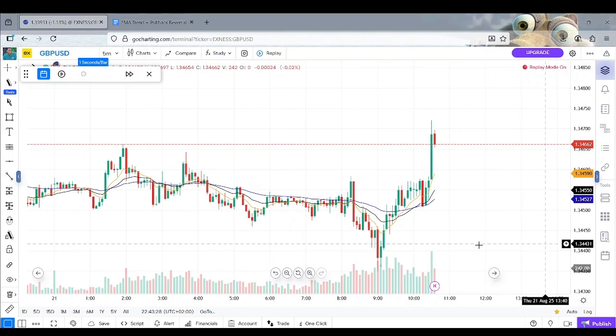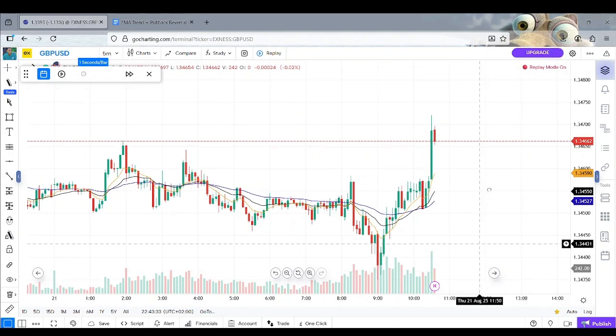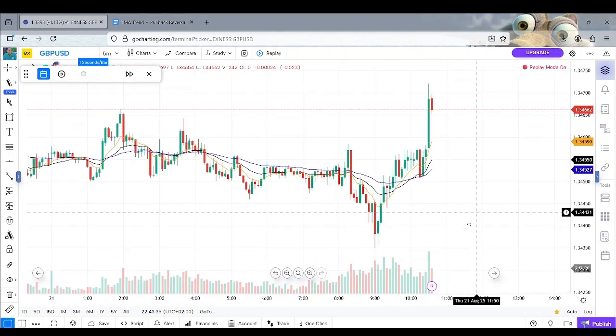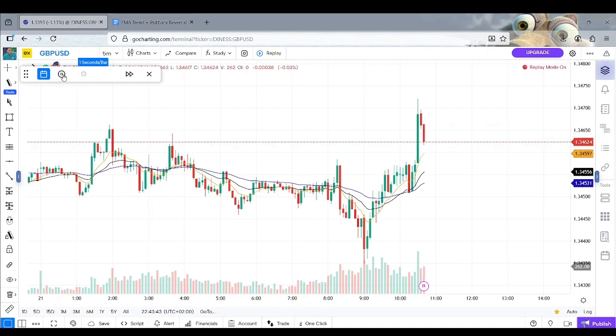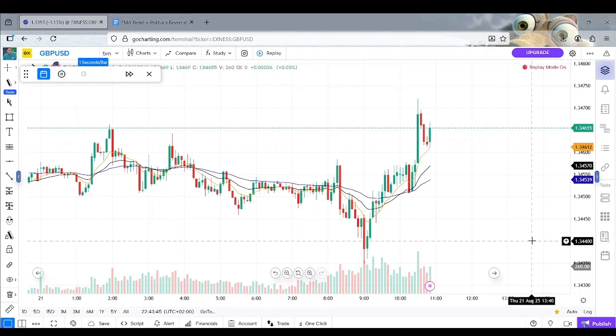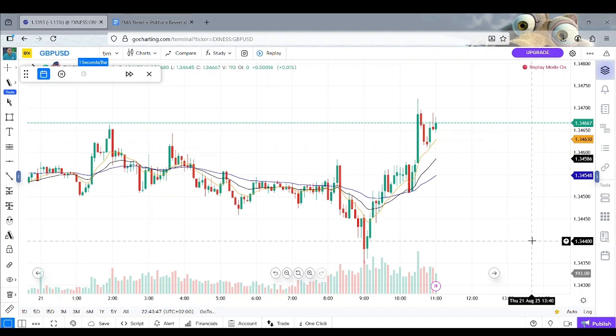We can't call it engulfing, but no, I'm not happy. Most likely news, so let's see what happens. I mean, everything looks bullish.